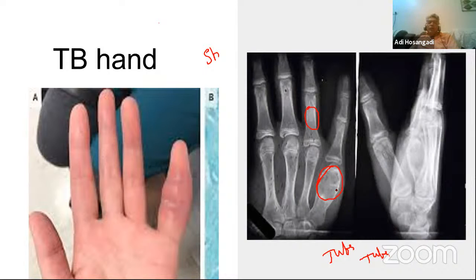If there is a ballooning out, don't confuse it with a swelling. Here you please specifically remember this is ballooned out. Look at the other metacarpals, they are normal. So ballooning out of the short long bones in the hand is called tubercular dactylitis, also called spina ventosa.